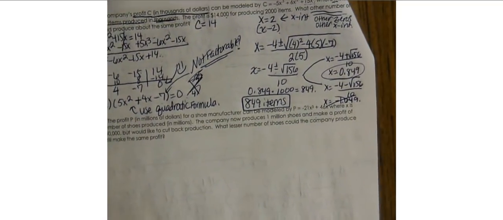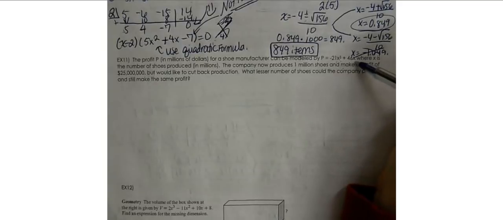All right, let's go ahead and look at example number 11. It says the profit P in millions of dollars for a shoe manufacturer can be modeled by P equals negative 21x cubed plus 46x, where x is the number of shoes produced in millions.